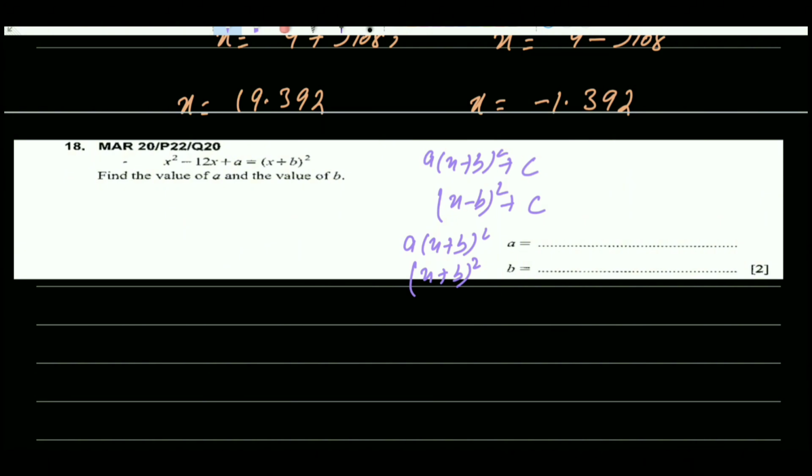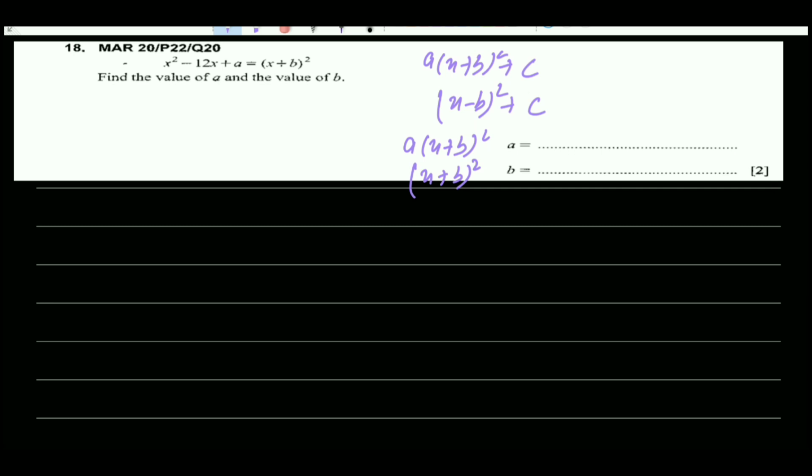So we will solve this question with the help of the completed square method. The coefficient of x square is 1, so we will simply solve it. x square minus 12x as it is, plus a will be written with distance, and half of 12 is 6. 6 square will be added and its square will be subtracted.